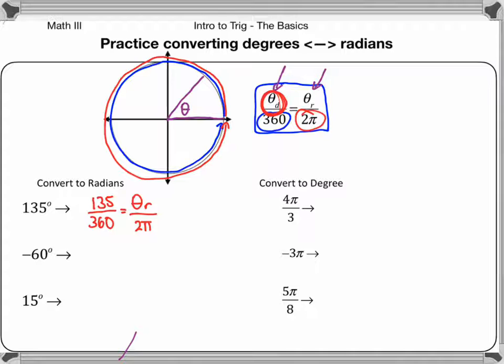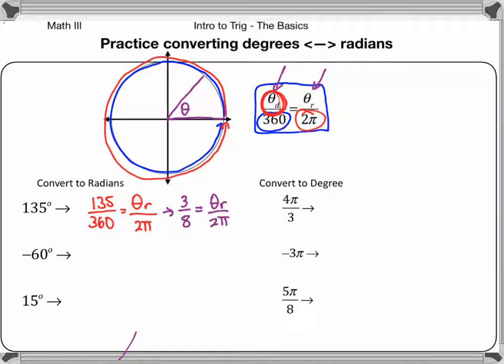We're going to solve this out by doing some crisscrossing. But on the left-hand side, I want to reduce that fraction, which reduces down to 3/8. So I get 3/8 equals theta r over 2 pi.